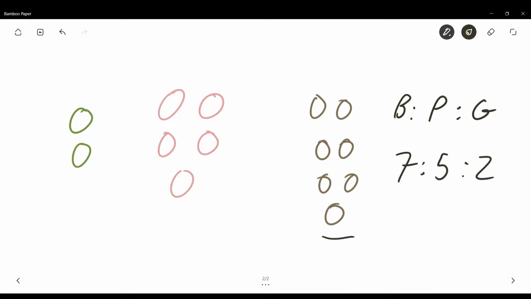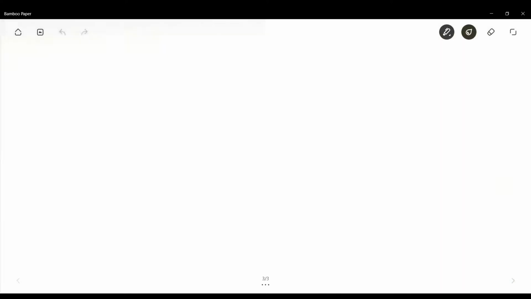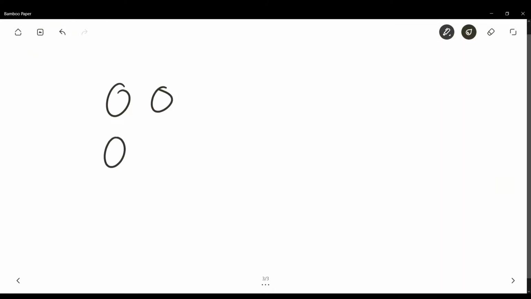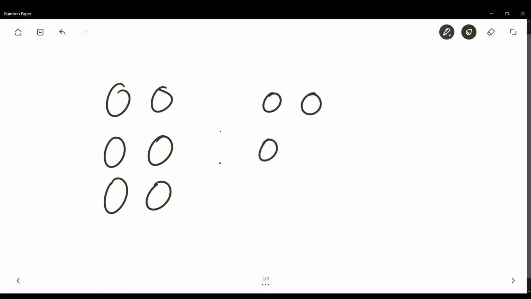Now, if we have a ratio that's something like 6 on one side and 4 on the other, 6 to 4, that's one way that we can represent the ratio, but we can represent it in a simpler form.